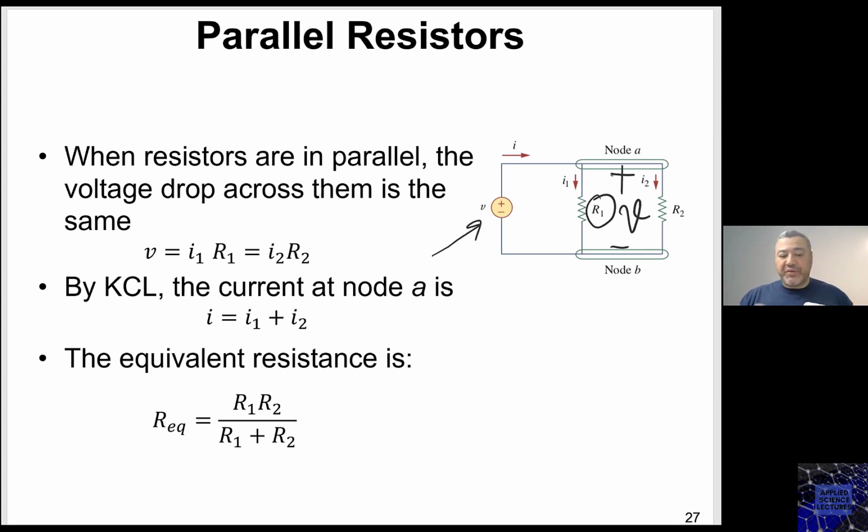Now the value of the current in R1 basically depends on the value of R1 itself, because V is the same, R1 and R2 are not necessarily the same, then definitely I1 and I2 are not going to be the same. So here you can say that the currents are really decoupled.